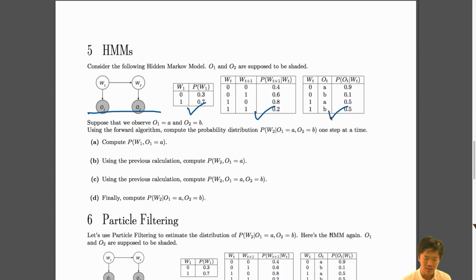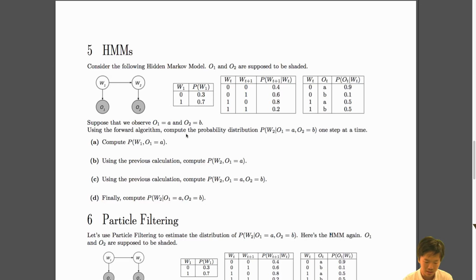Here the hidden state W's can take on values 0 and 1, and the observation can take on value A and B. So part A of this problem asks for the joint probability of W1 and O1 equals A. So basically it's asking for the joint distribution for both 0 and 1 values of W1.